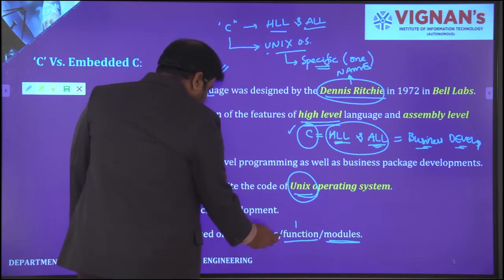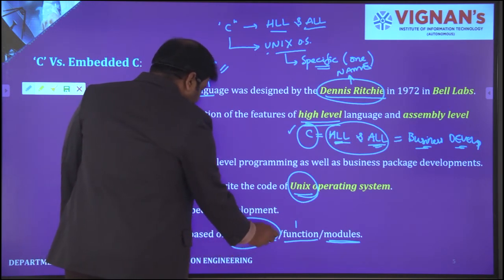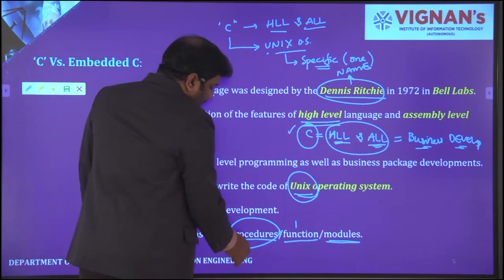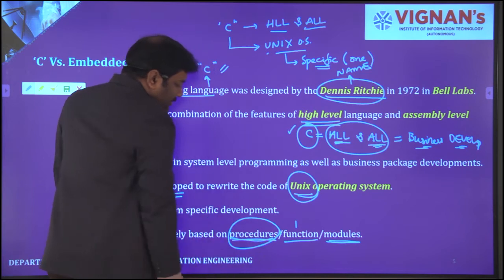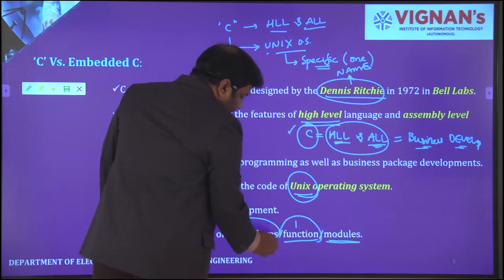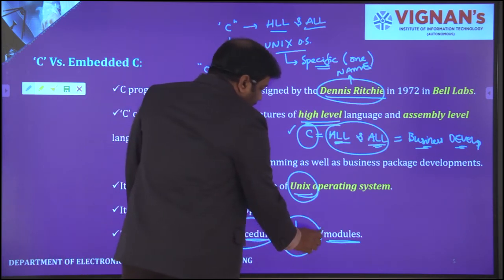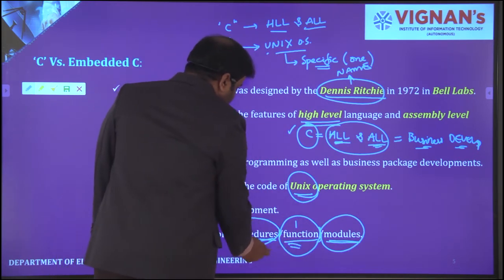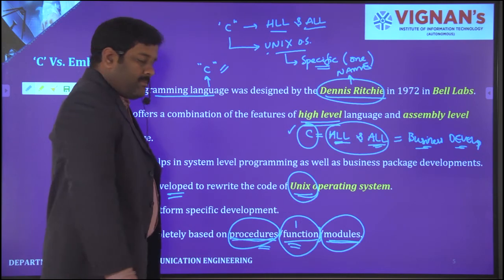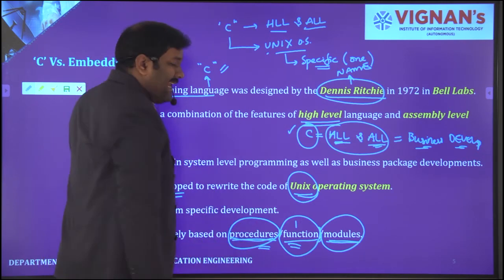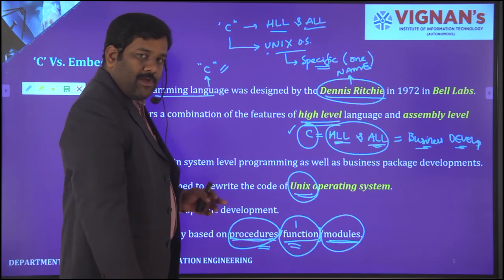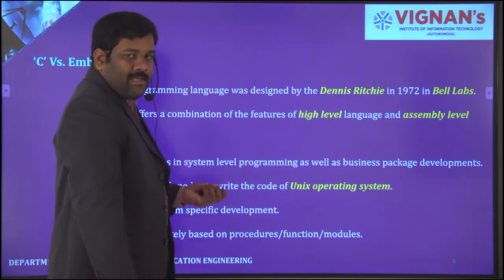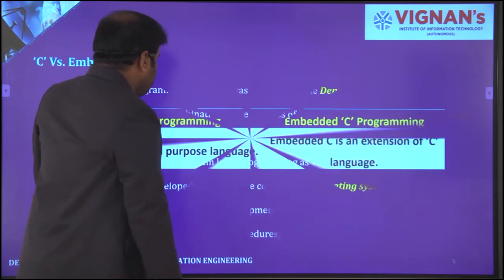It is completely based on these three parameters: what is the procedure that you are following, which functions you are implementing, and what modules support implementing these functions and procedures. Based on these three only, any one of the languages can be implemented or at the same time can be developed to support the upgraded versions.